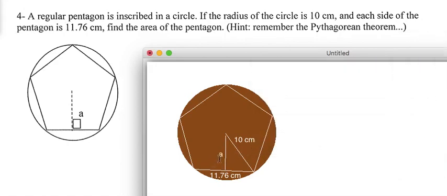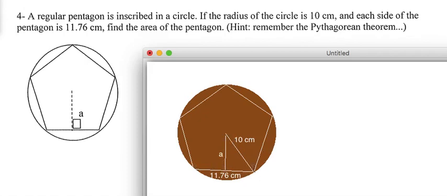And in order to calculate area, the formula we know is number of sides times the side length times the apothem divided by 2. So if we can just get the apothem for this, we'll be able to calculate the area. And the way you do that is you would figure out, okay, this whole side is 11.76.